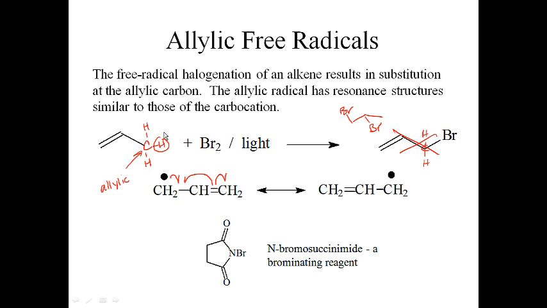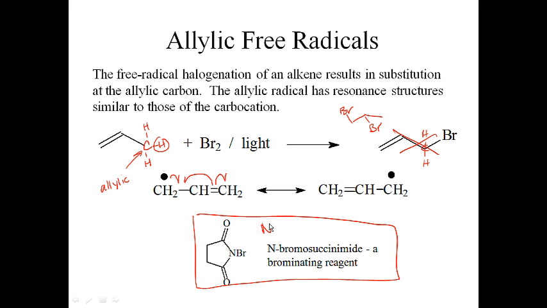So what we need is a reagent that won't add bromine but will do free radical halogenation. And this is where we introduce the idea of using this reagent. This reagent is called NBS. It's N-bromosuccinimide. And it's a brominating reagent that allows for free radical bromination without addition of Br2 to the double bond.